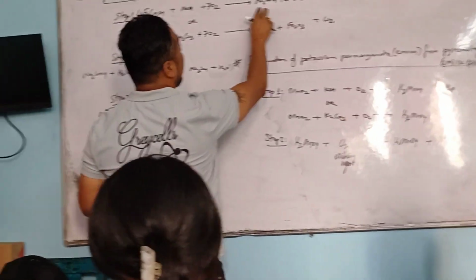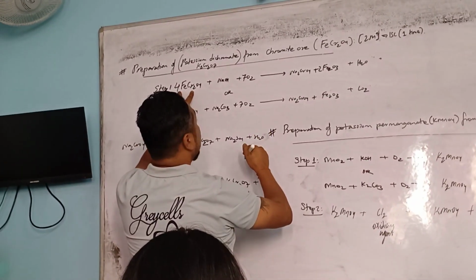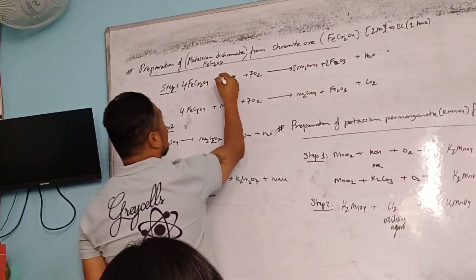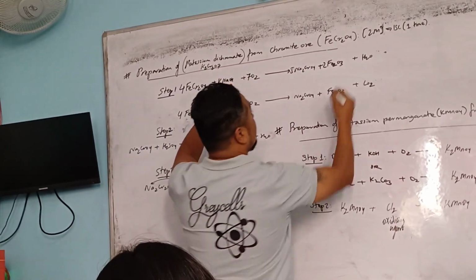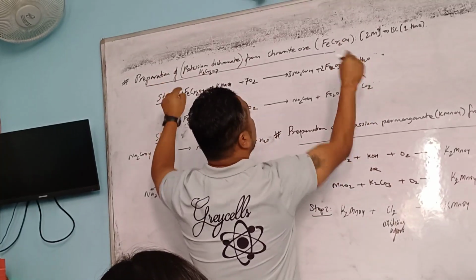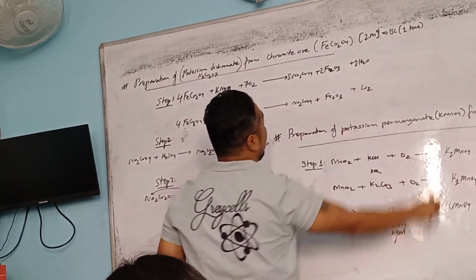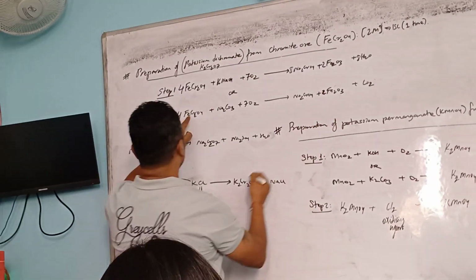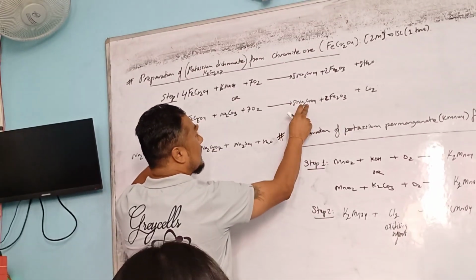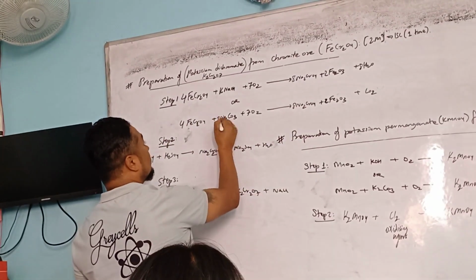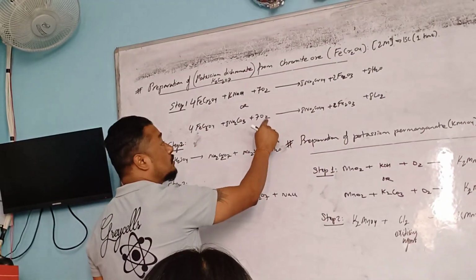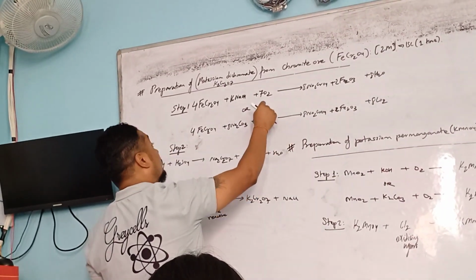Okay, now chromium is 8 here, so make chromium 8, sodium 16, hydrogen 16, no need to check oxygen, it is already balanced. Down one, 4 iron, balance, chromium 8, balance, sodium 16, balance, carbon 8, balance, oxygen no need to check, it is already balanced because we have already put 7 in advance.